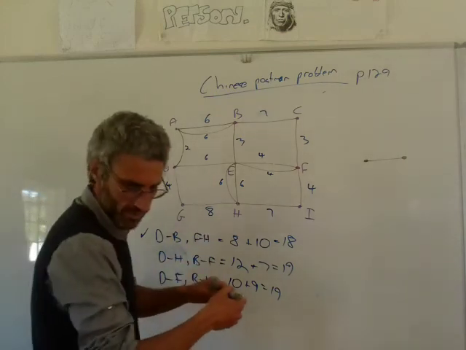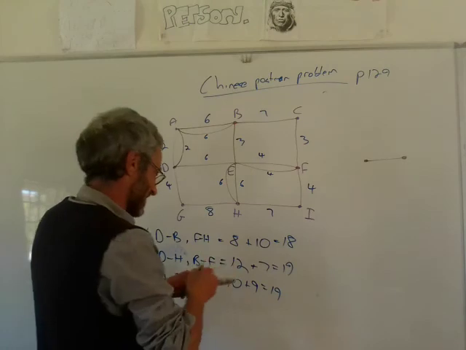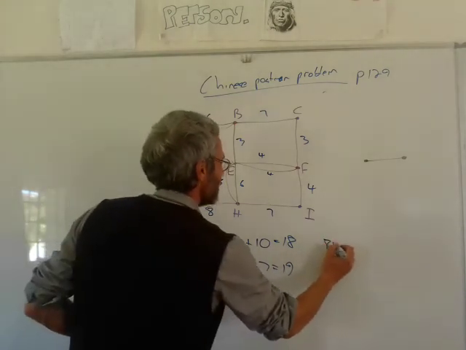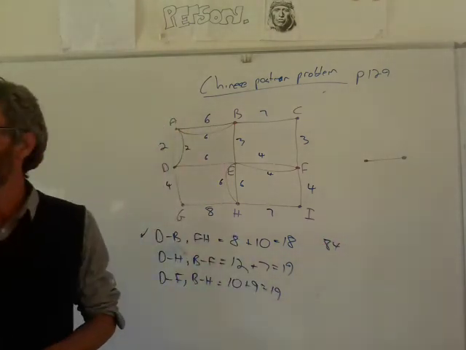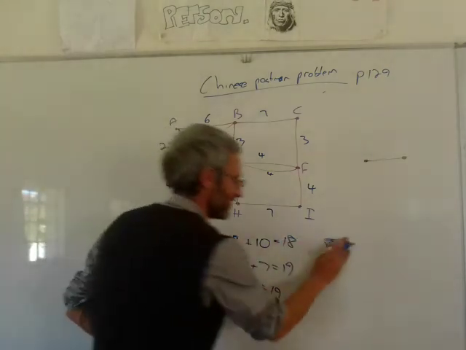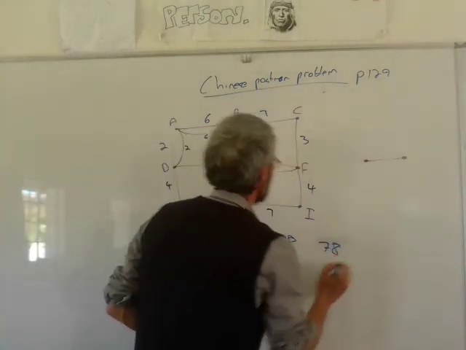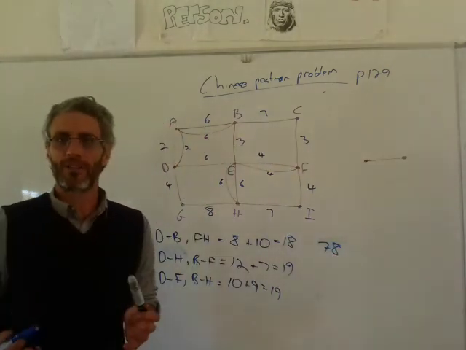Okay, 84. They got 78, so we made a mistake. But never mind. Okay? Anyway, you got the idea. You got 78. Right. Okay. Anyway, that's to find the path, the distance.